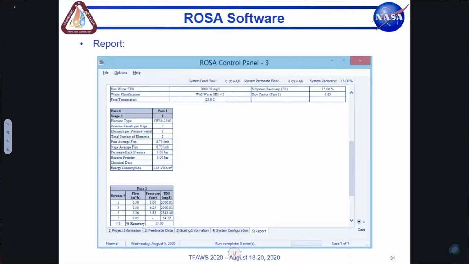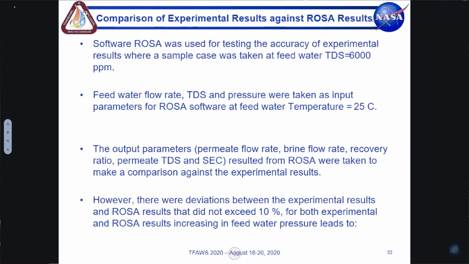After that, we identify the feed water type, the total dissolved solids, and temperature. After that, we set up the system configuration for the membranes, flow rate, and recovery ratio. After that, we get reports for all our results with, for example, the recovery ratio.